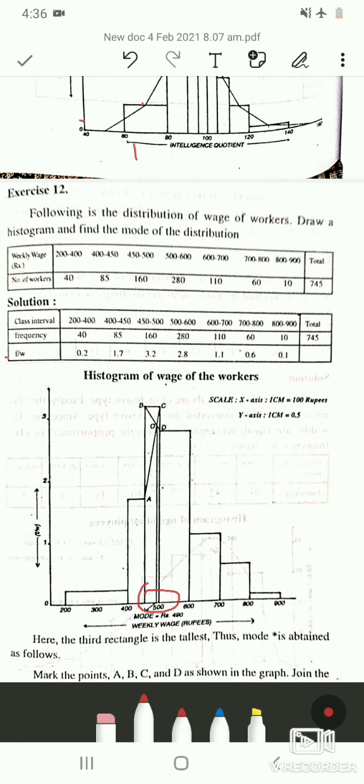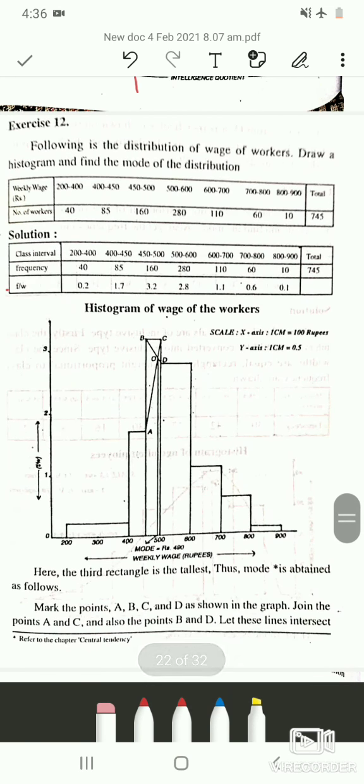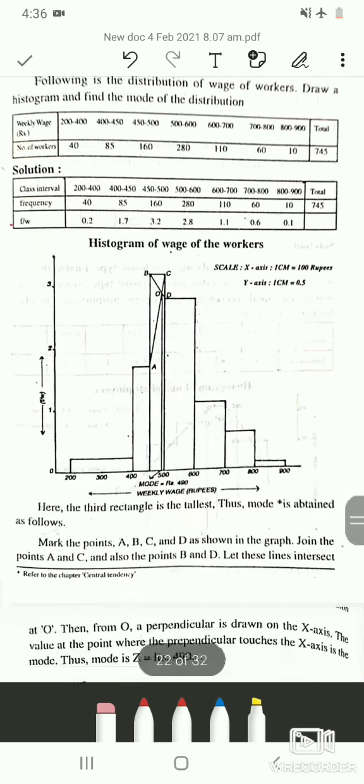So this line is somewhere between 400 and 900. Take a scale, measure it in terms of units. So it will be coinciding at the value 490. Therefore, that corresponding value is your mode value, which is 490 rupees.